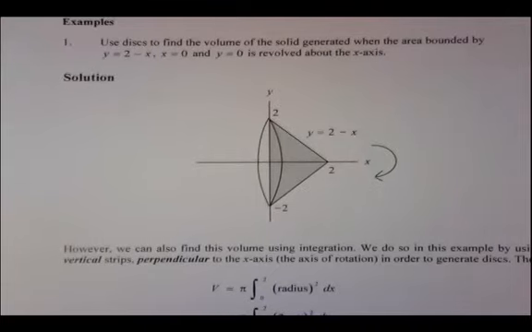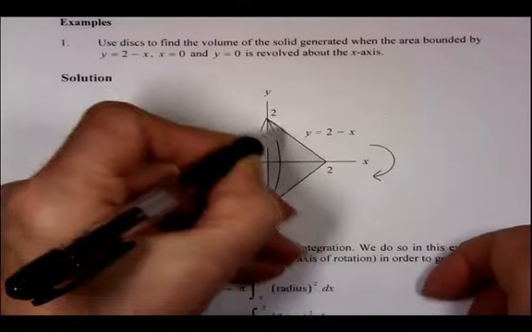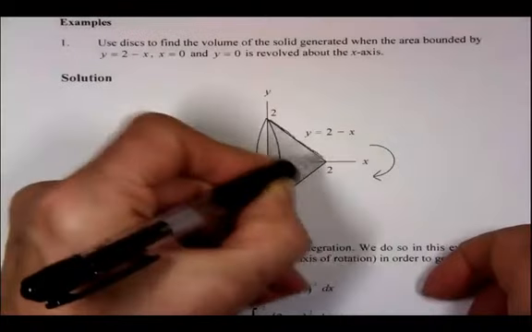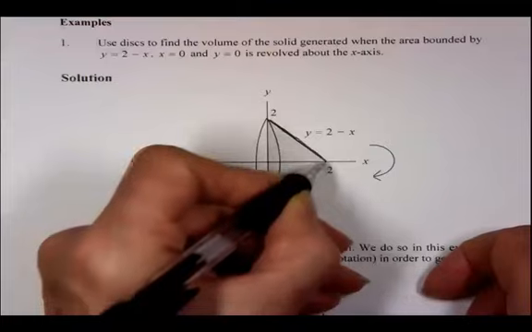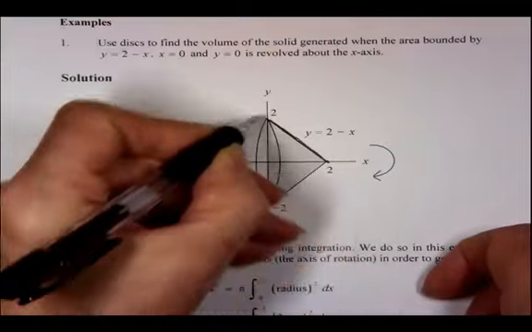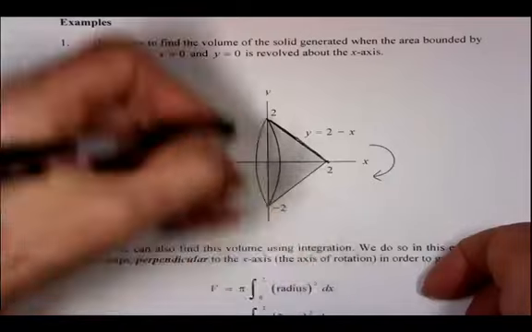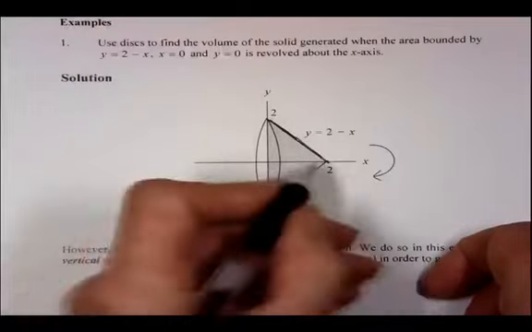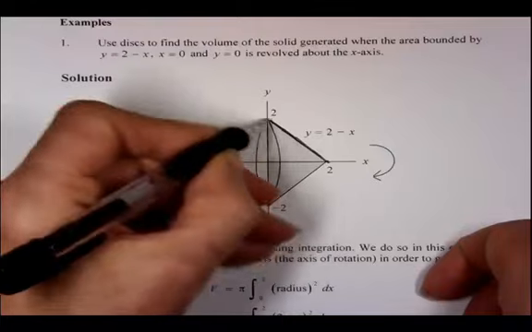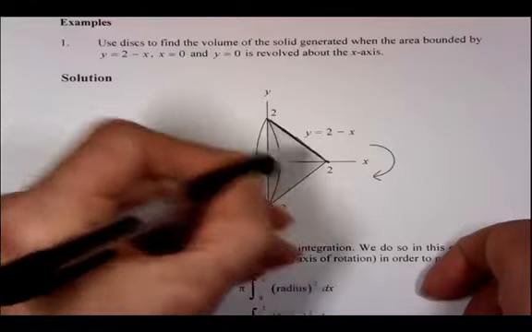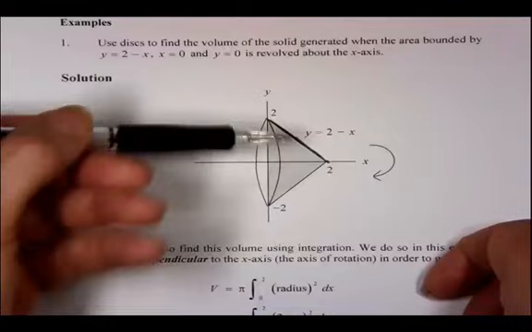Let's use discs to find the volume of the solid generated when the area bounded by y equals 2 minus x, that's that line here, between x equals 0 and y equals 0. So that's the line x equals 0, that's the line y equals 0, so they're our axes. That's another way of saying when the area between this line and our axes is revolved around the x-axis.